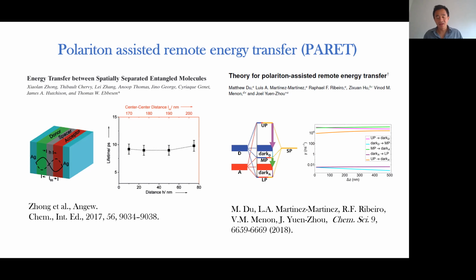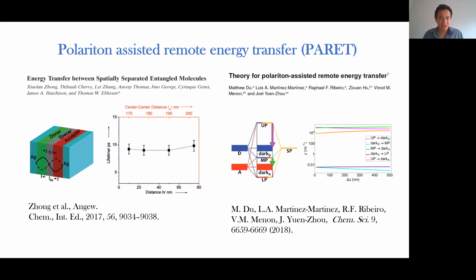The way we explain this in this paper is that if you excite the upper polariton, then you statistically decay into the dark states of the donors and of the acceptors. There's a Hopfield coefficient, and the population into the dark reservoirs is statistically distributed.